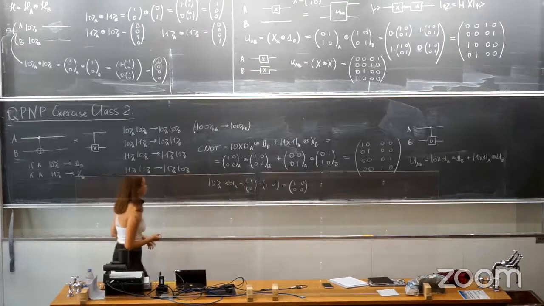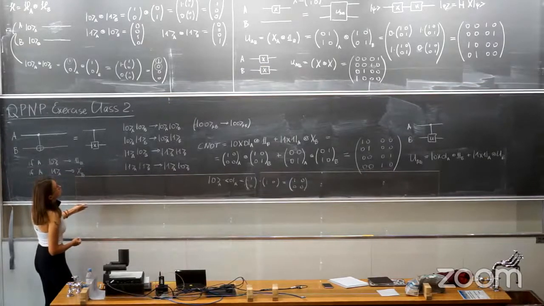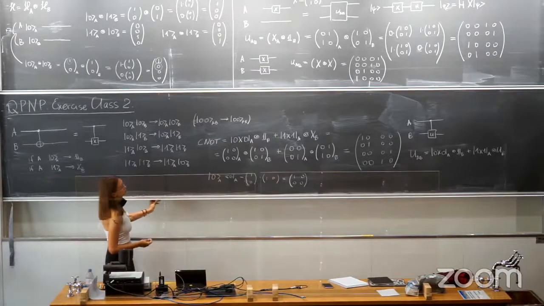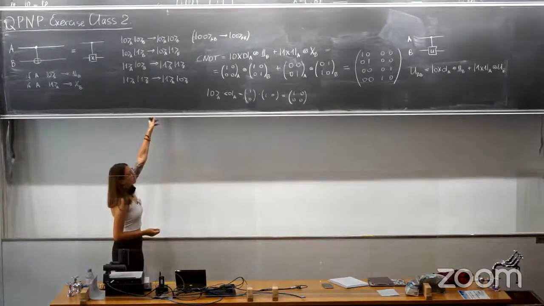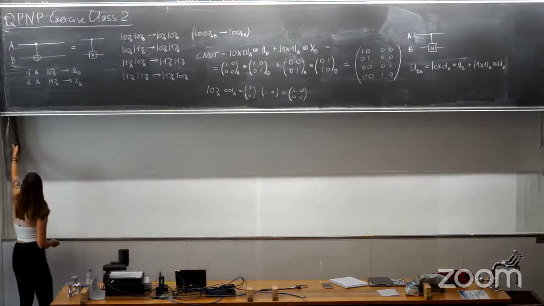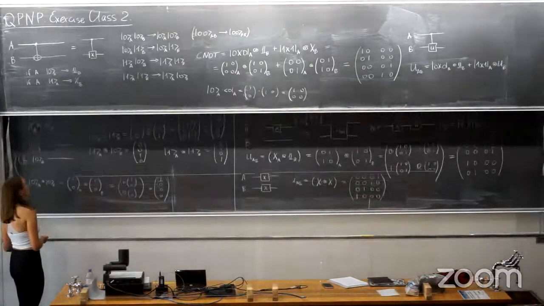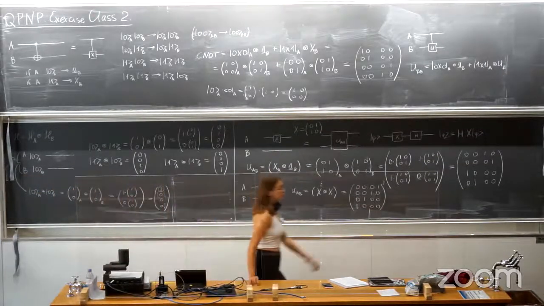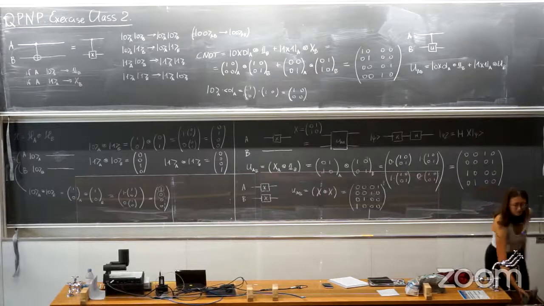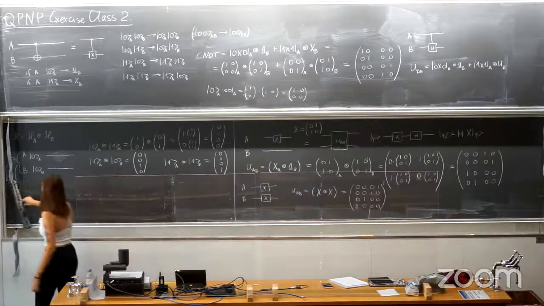So just to give you a brief intuition, let us make a simple calculation of how CNOT acts on a system in a particular joint state. So again, we have two systems A and B. And maybe this is also a good exercise to do now.